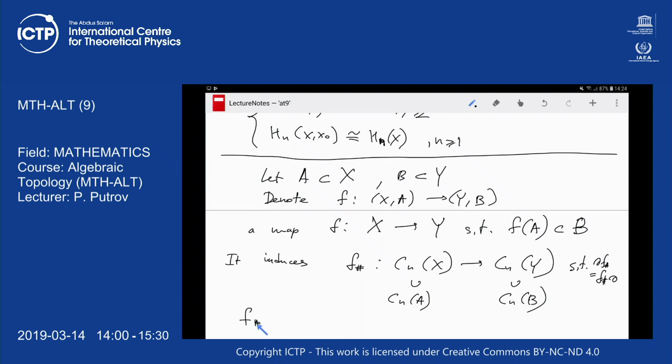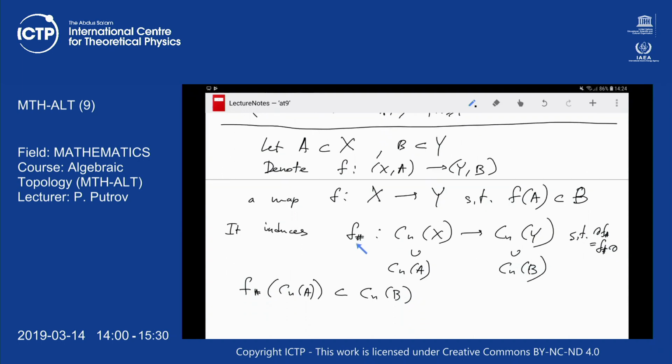If you consider the restriction, the image of this abelian subgroup under F sharp will also be inside Cn of B. This is because the image of A is inside B, and I remind you that this abelian group is generated by all maps from n-dimensional simplices with image in A. If you compose with F, the image will be inside B. So we follow this condition.